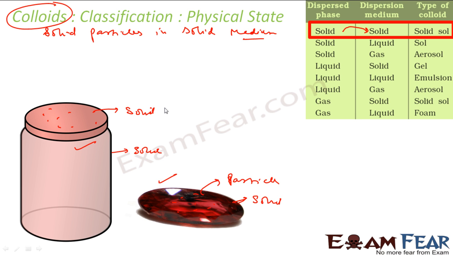So the particles are solid and the medium is also solid. This is an example of a scenario where the particles are solid and the medium is also solid. It is called solid sol.